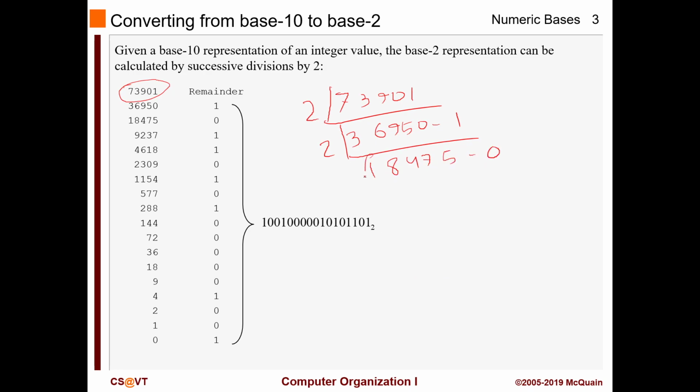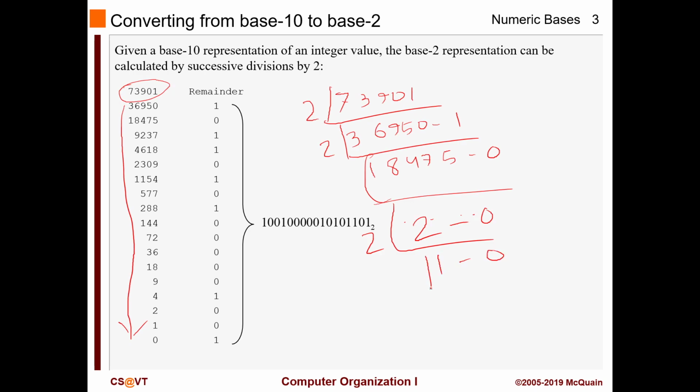If we keep going like this, we will come to somewhere where we have 0, and we divide it by 2, we get 1, and then we just go back up, and that's our binary representation.